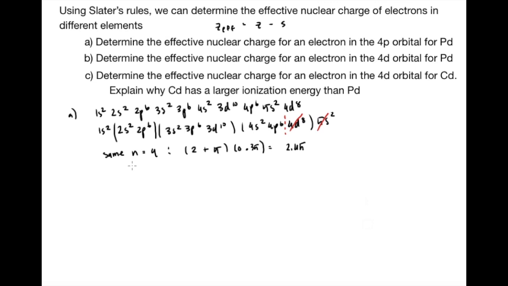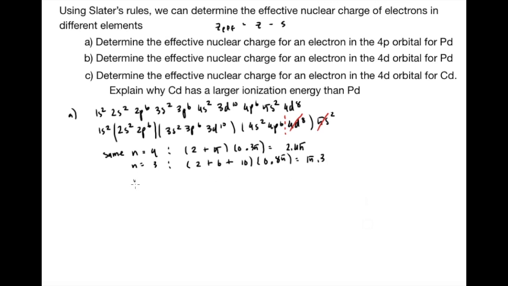And now for the next energy level, each electron will contribute a shielding constant of 0.85. So that means we have 2 from 3s, 6 from 3p, and 10 from 3d. We multiply this by 0.85, and if we plug this into our calculator, we get a value of 15.3.